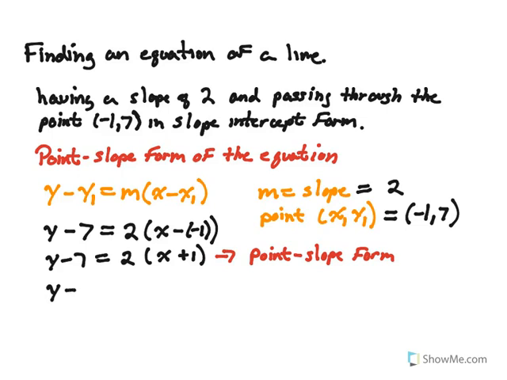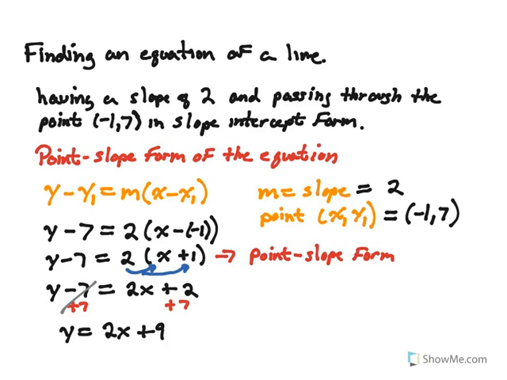So that means we're going to have to solve for y. And remember, we're going to distribute the 2 with the x and the 1. So that's going to give us 2x plus 2. And then, of course, we're going to add 7, so that these cancel. And you're just left with y equals 2x plus 9.